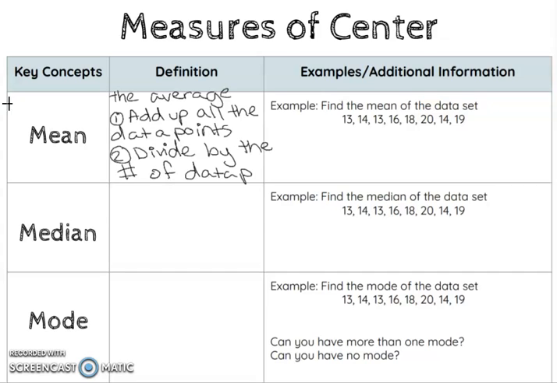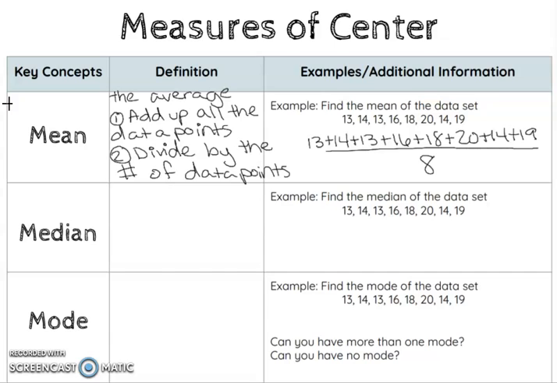So to the right, you see that I have a set of 8 data points. That means that I'm going to add those up and then divide by 8. And when I do, I get 15.875.